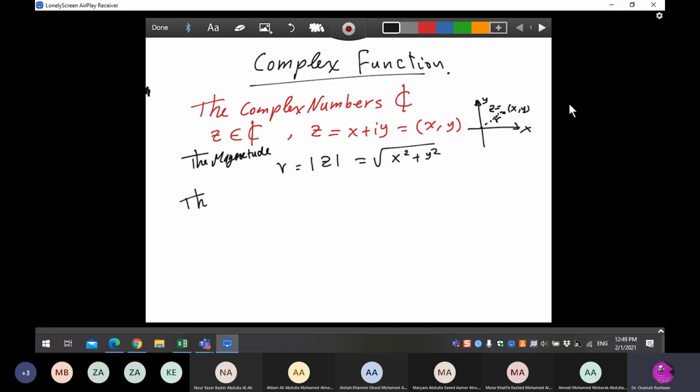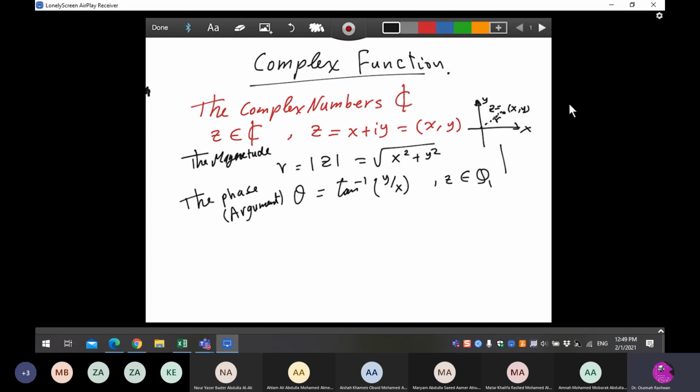And also they call it the phase, or in mathematics they call it the argument. They call it theta. Theta, I go with you for tan minus 1 y over x, but you have to be very careful and know Z lying in which quadrant.